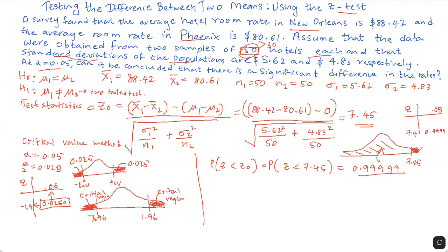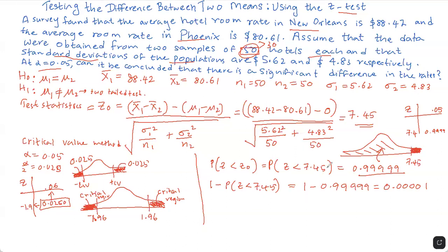The area under the curve in the right tail is 1 minus probability z less than 7.45, which gives 1 minus 0.999 something, so this value is 0.00001. It's a very small number.